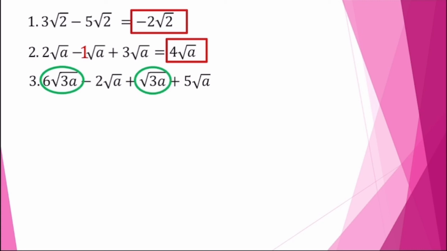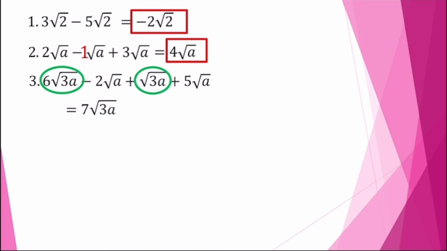If we combine that, we will have 7 and square root of 3a. How did we get 7 and square root of 3a? We all know that there's a numerical in the square root of 3a, which is 1.